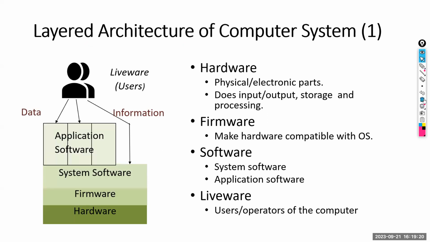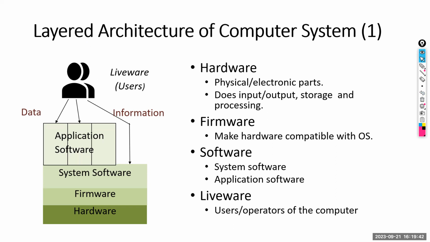Right. So now we move on to the most important diagram in this topic: the layered architecture of the computer system. Another feature of a computer is that it uses layered architecture. We will look at a few more layered architectures later on. When we look at databases, we will talk about the 3-tier architecture of databases.